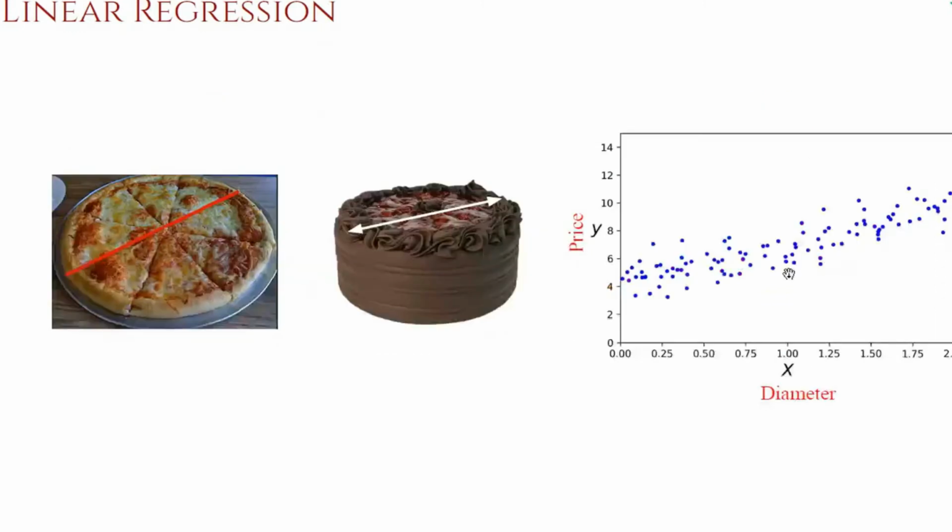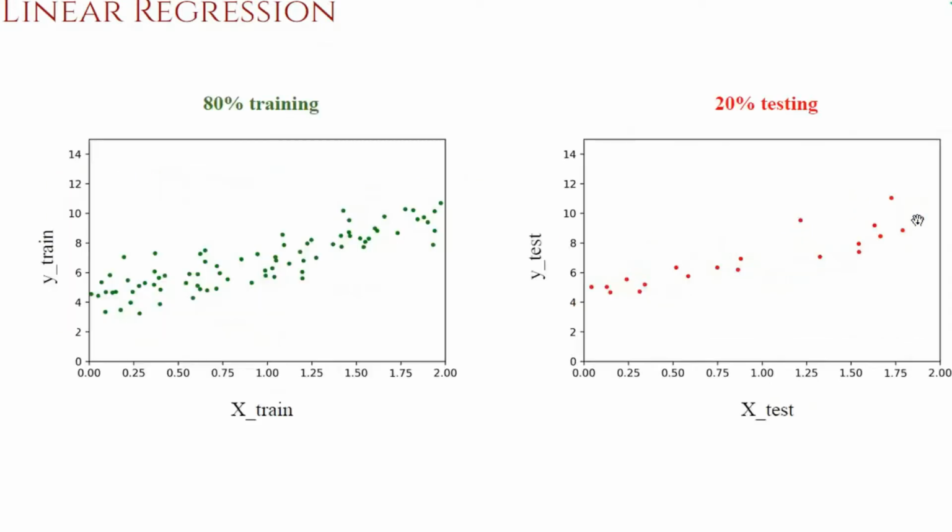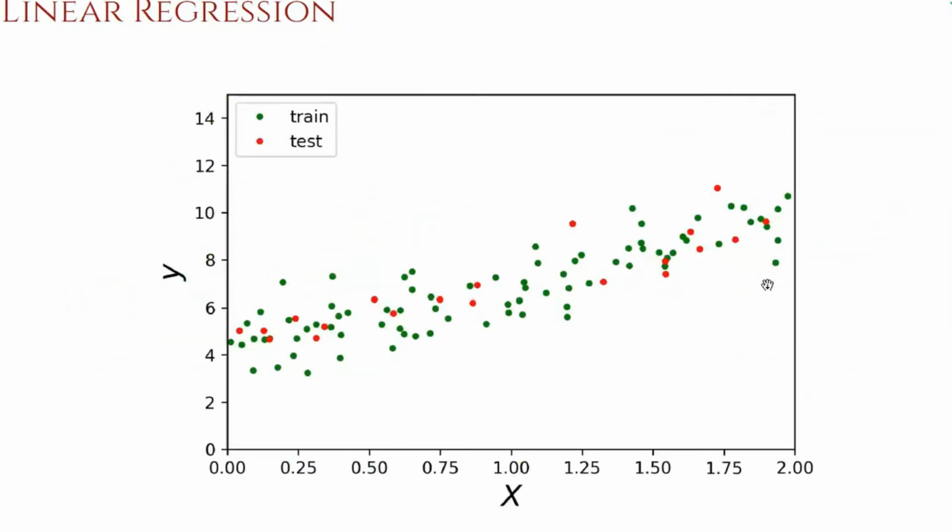From your original data, we will randomly pick 80% of the points for training, and the remaining is left for testing. If you combine these two, you will get the original data. All these green dots here are the training data set, and all the red dots here are the testing data set.